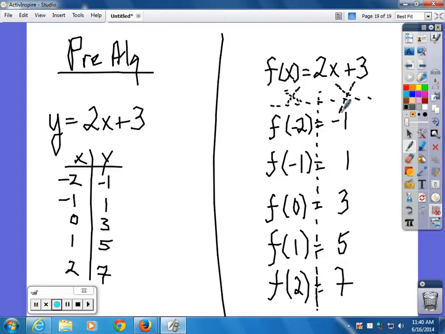In fact, you did the domain and range back in pre-algebra. What's the domain here? -2 to 2. What's your range? You're supposed to say that. -1 to 7. There you go.